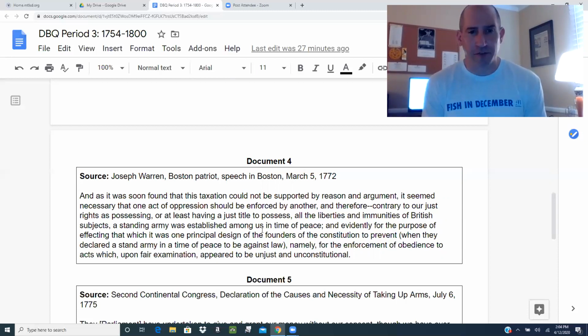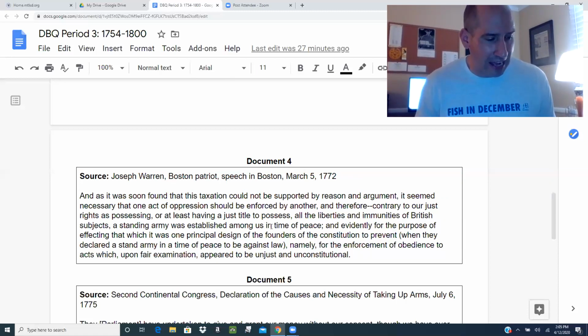And we have Paul Revere's famous engraving, which you did in your summer assignment, where the Boston Massacre shows the British troops lined up, and they are now killing English subjects in Boston because the military is there to occupy the town to see that a tax is paid.